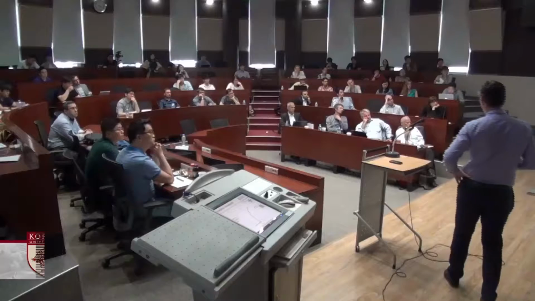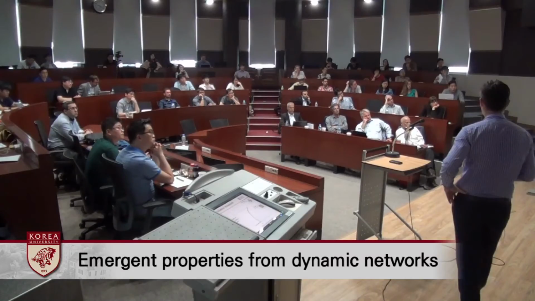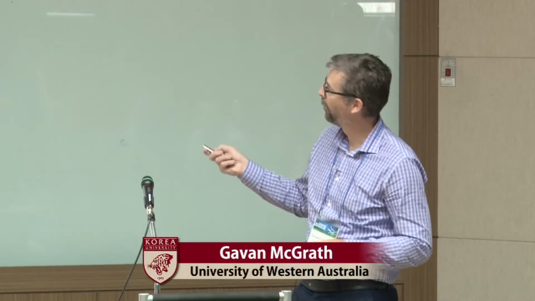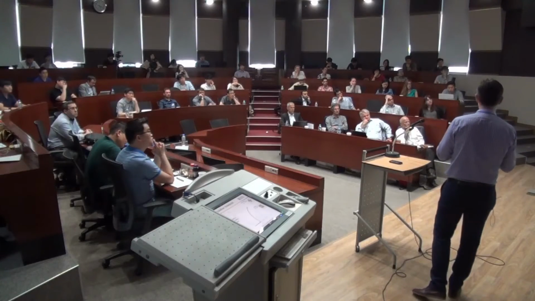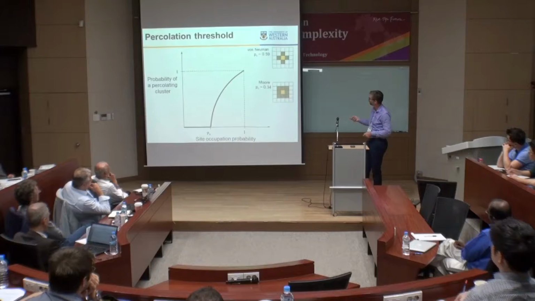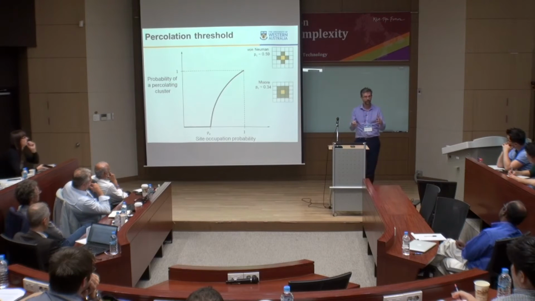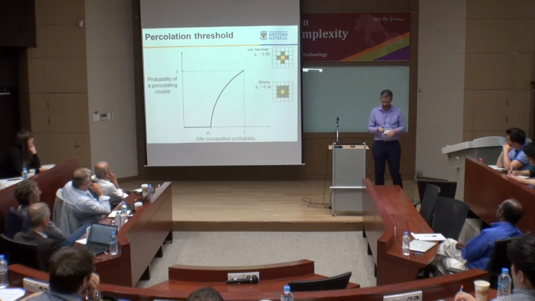But then all of a sudden, we get a non-zero probability. And then as we continue to increase, then of course we get a greater probability that our system is fully connected. This threshold depends upon how we define our local network. So with a von Neumann neighbourhood, for example, and I showed you before, we had 0.59, but if you change the way your system can interconnect, then you alter that threshold.